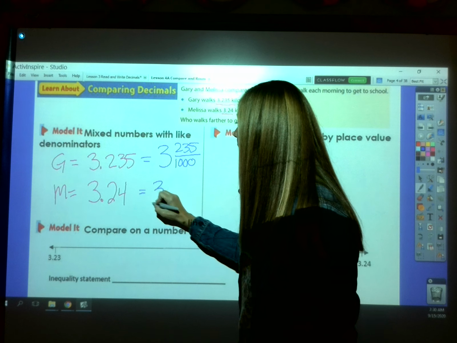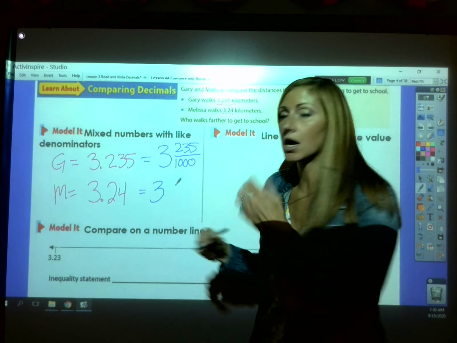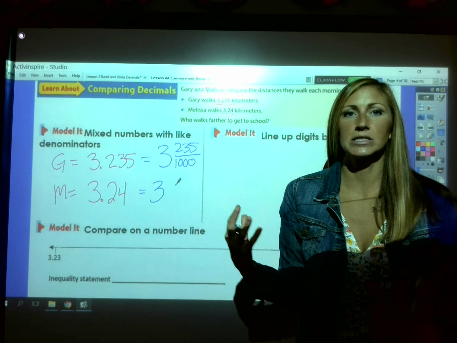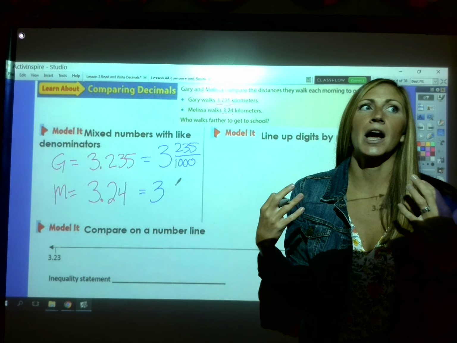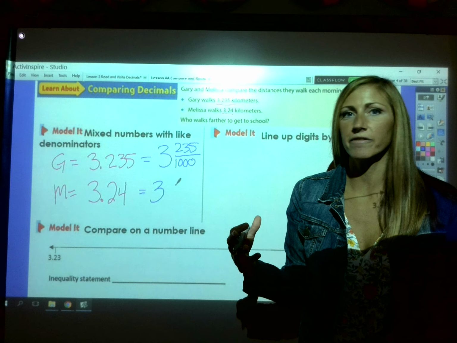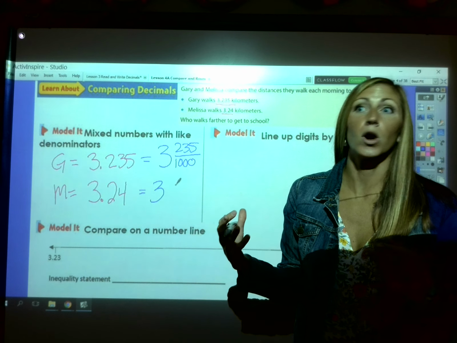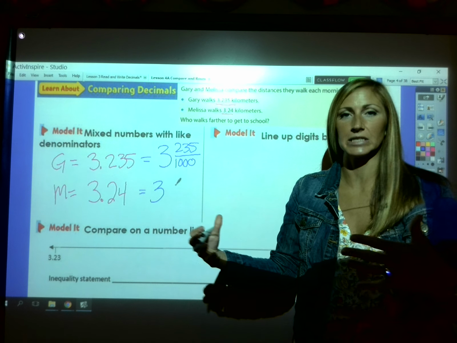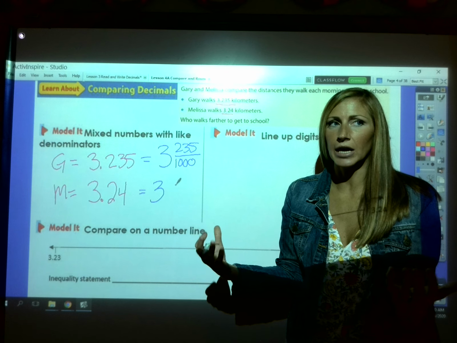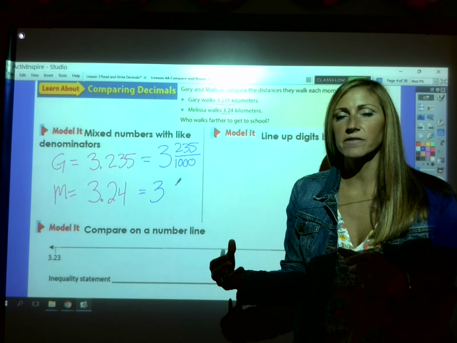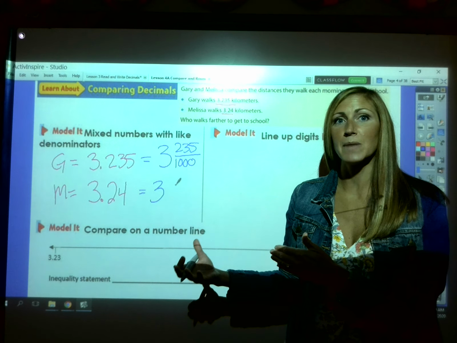We can't compare them because they are not cut into the same amount of pieces. That would be like having someone come in and say, oh my gosh, I ate all of the pizza, or I had 2 pieces of the pizza and it was only cut into 2. That's the whole thing. So the size of your pieces matters when you're comparing them.